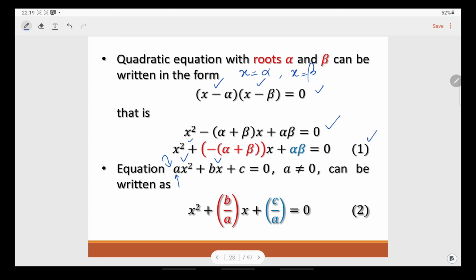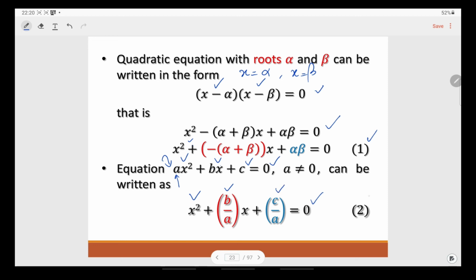Okay, we multiply this one by 1 over a, this one also by 1 over a, then this one also by 1 over a. Because at the right hand side we have a 0, anything we multiply with 0 remains 0. So for ax squared, we multiply with 1 over a, so it becomes x squared. For bx, we multiply with 1 over a, so we have b over a. For the c, obviously it becomes c over a.